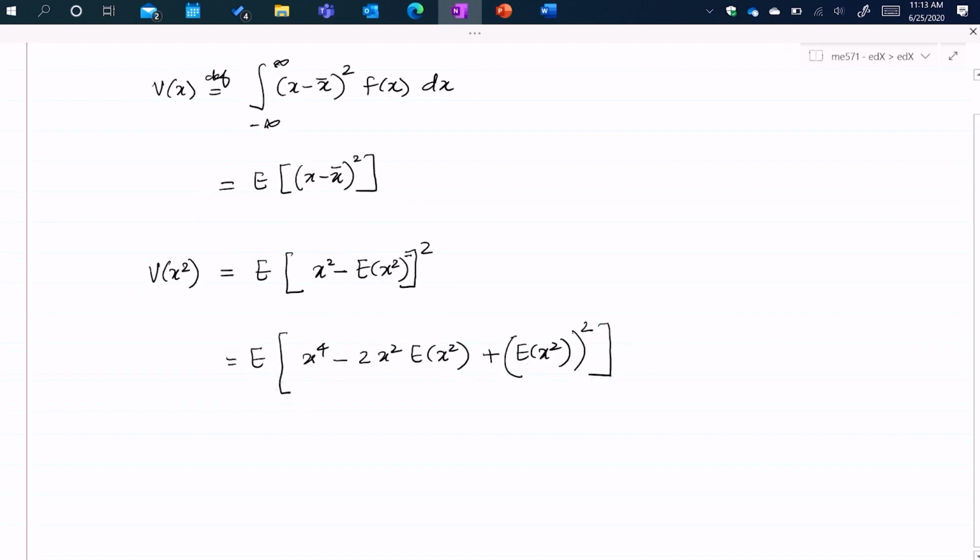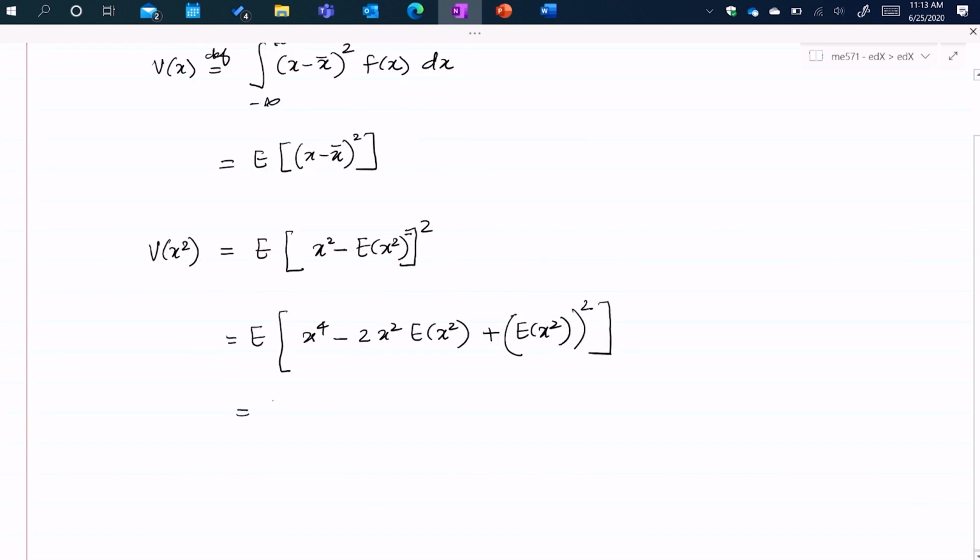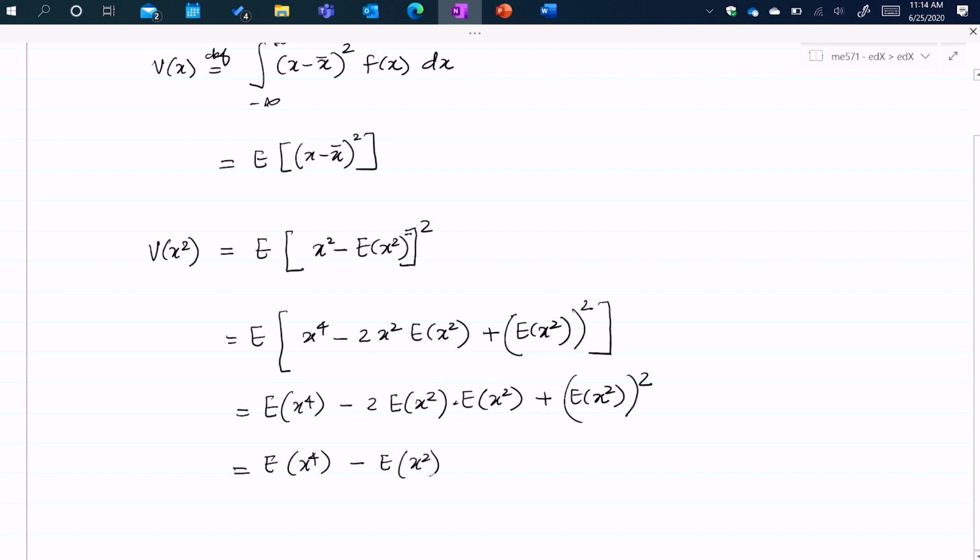So the variance of x squared is going to be expected value of x to the power 4 minus 2 times expected value of x squared times expected value of x squared, plus expected value of x squared whole squared. So this again is expected value of x to the power 4 minus expected value of x squared, the whole squared.